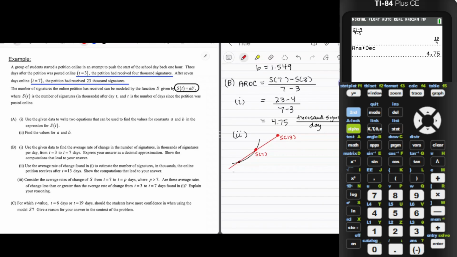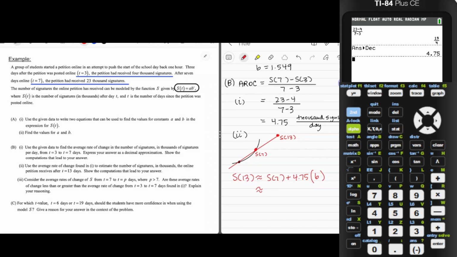S of 13 is approximately equal to S of 7, which we knew was 23, plus that average rate of change, 4.75 thousand signatures per day, times the number of days that elapsed. 7 to 13, that's 6 days. So I would have expected we increase by 4.75 times 6 thousand signatures.